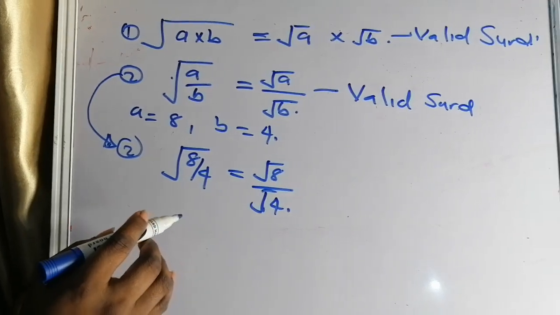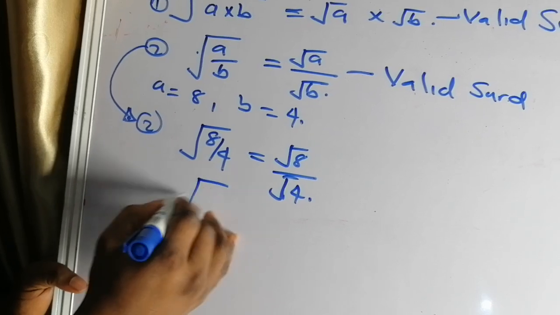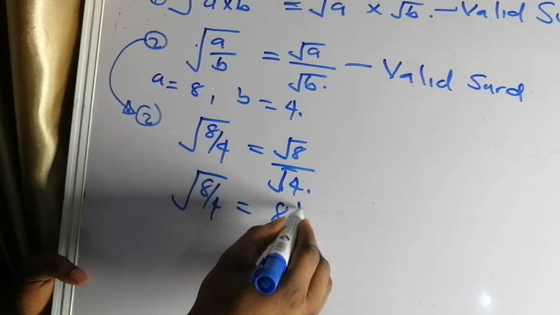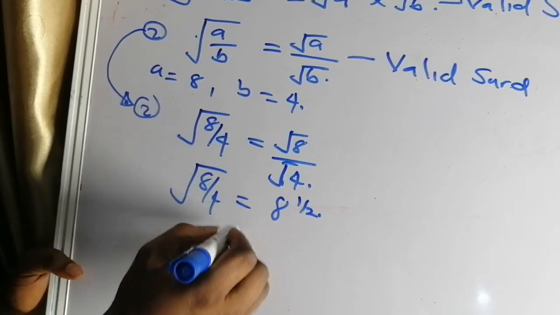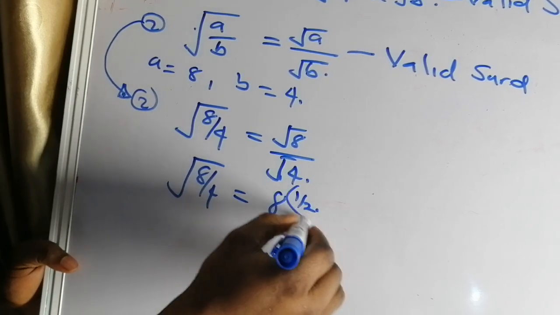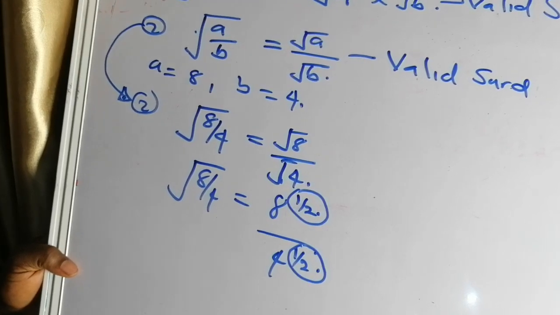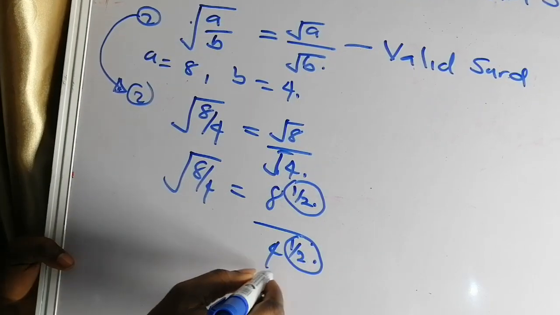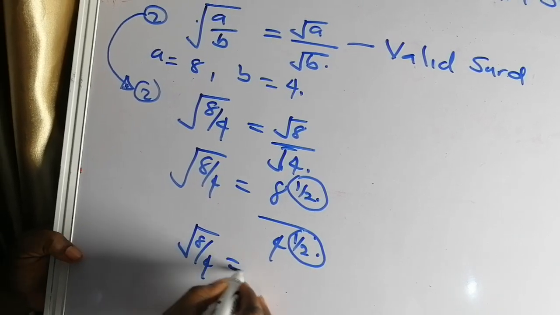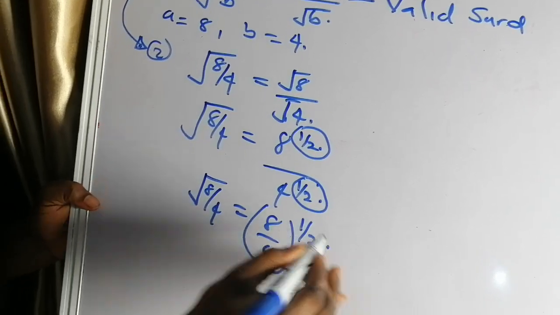So here, in indices, there's what we call the same power. 8 raised to power 1 over 2, and then we also have 4 raised to power 1 over 2. If you are having the same power, you can take it, because in indices, with the same power you join the division and take one power, which is the same thing as root of 8 over 4, equals 8 over 4 all raised to 1 over 2.